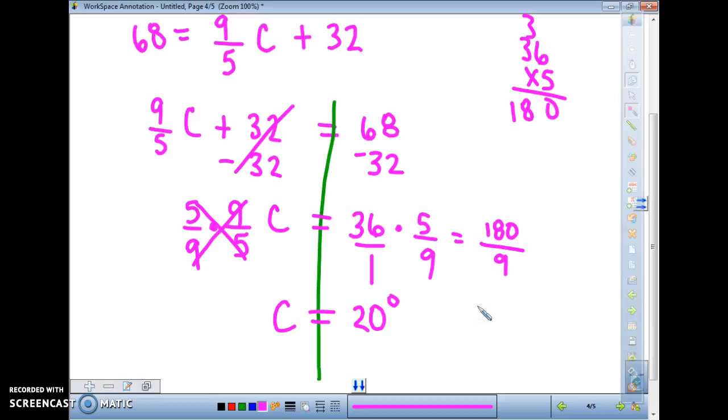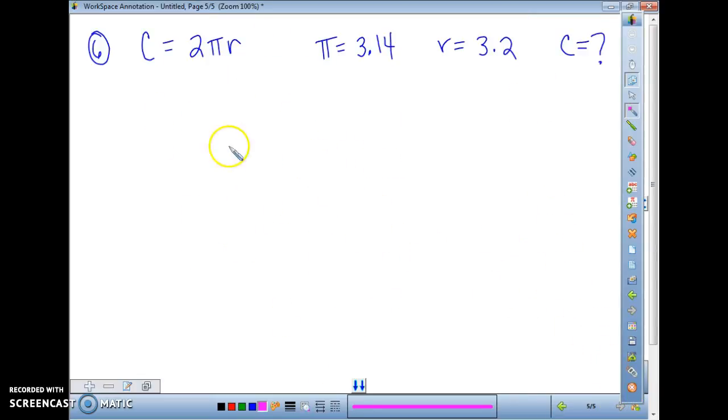All right, and I've picked one more. Okay, and then after that I'll let you pick. Number 6 on page 9. Okay, we have to figure out what C is.